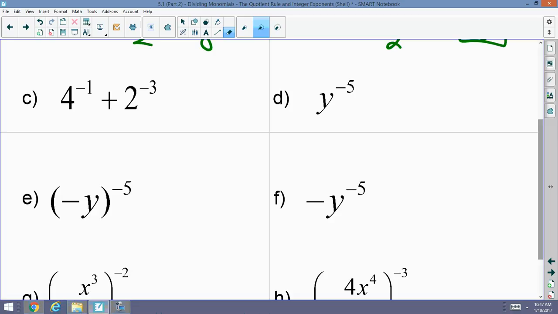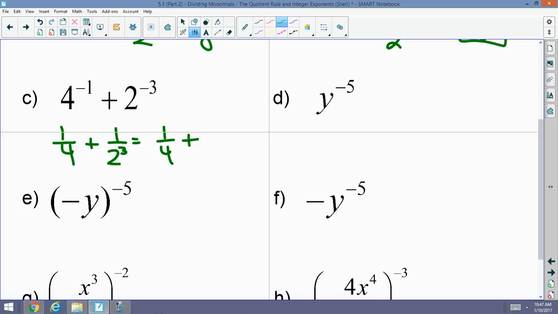So 4 to the negative 1 equals 1 over 4, plus 2 to the negative 3 equals 1 over 2 cubed. So that's 1 over 4 plus 1 over 8. Common denominator is 8, so that goes to 8, that goes to 2. So my answer here is 3/8, guys. That's the power of math.